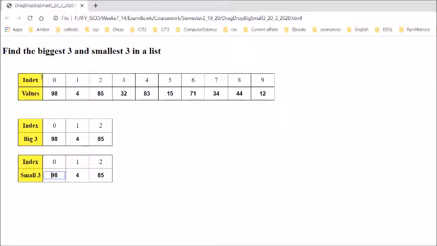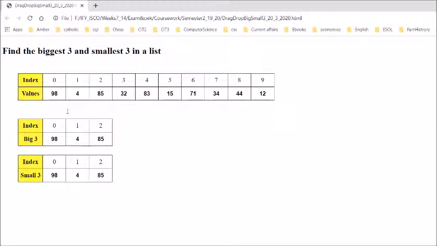So in the original list we had 98, 4, 85, and we've simply copied those 3 numbers into the list of the biggest 3 numbers and the list of the smallest 3 numbers. And then we look at the next number here, which is 32, and we compare that to the numbers in the 3 biggest numbers so far.